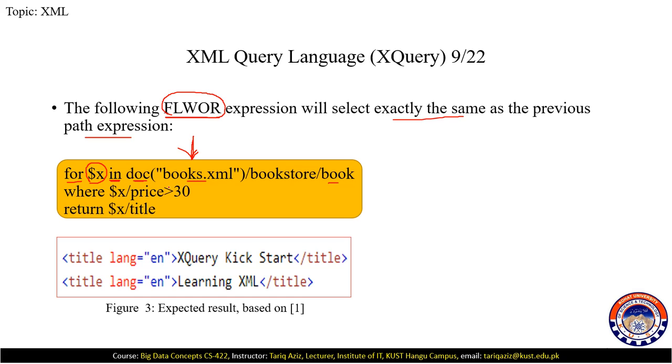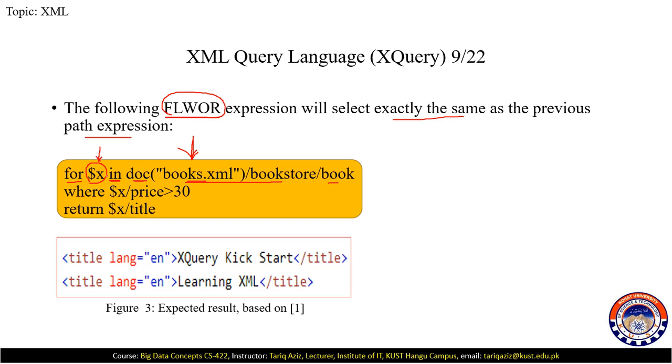The in expression will retrieve each and every element from this path expression. So in this case, this in expression will retrieve the book element, and then it will store these book elements in this variable, which is represented by $x.